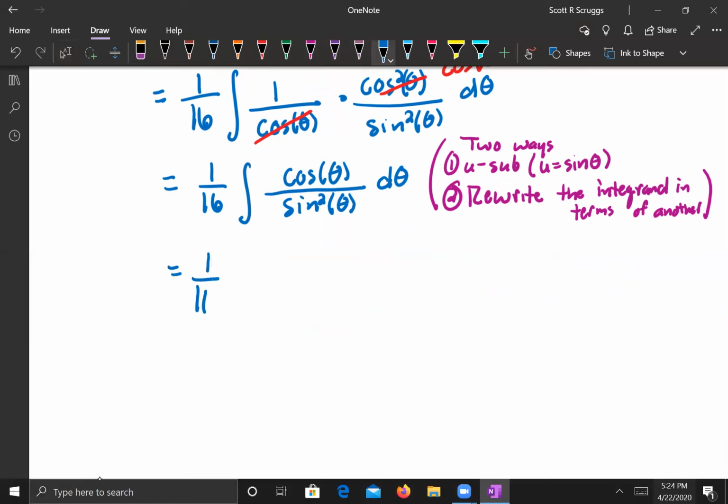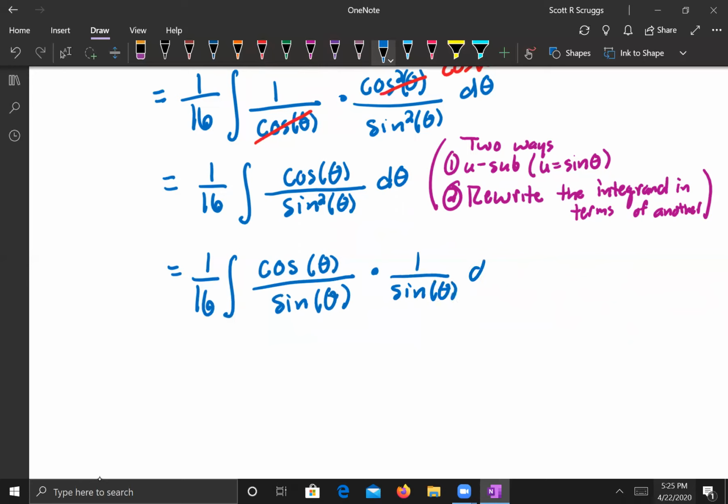And so let's finish this up. 1/16 over, since I have 2 sines in the denominator, sine squared, I'm going to marry one of those sines with the cosine in the numerator. And then have a 1 over sine on the other side.